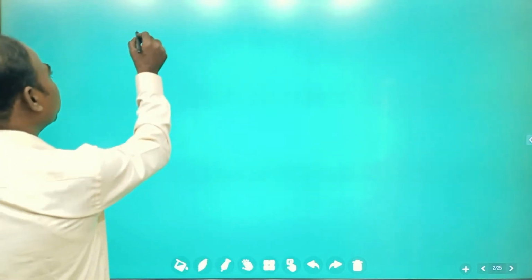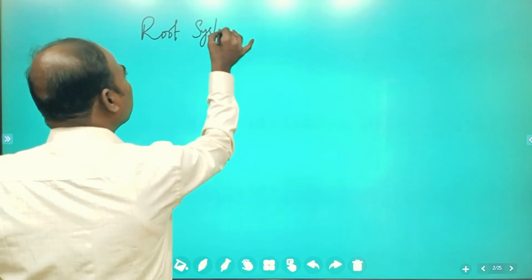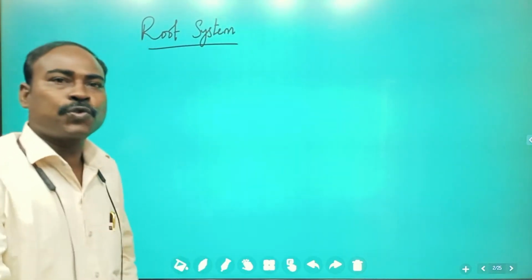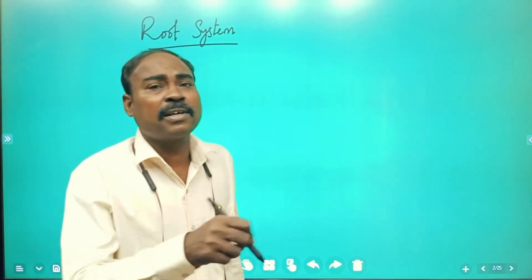When we take the root system, generally we observe the roots within the soil, means inside the soil.